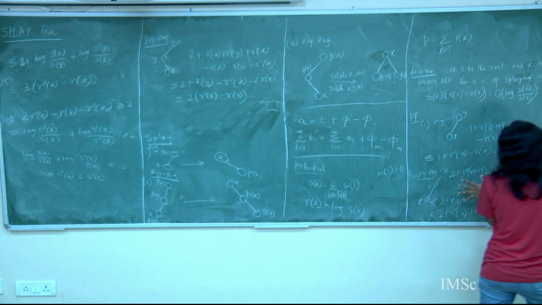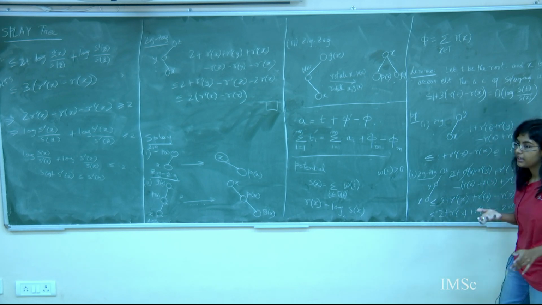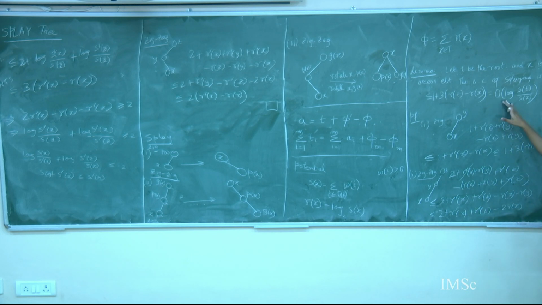So we didn't get much insight from this proof into why the amortized cost is this, and what use it is. I'm getting log of something, which can be n, so it's something of the order of log n amortized cost.